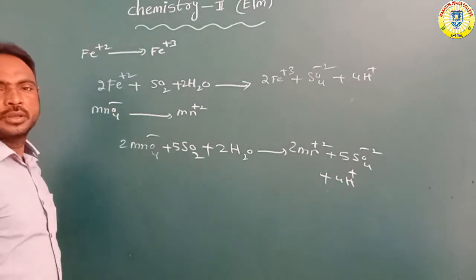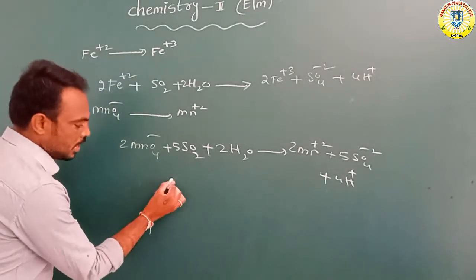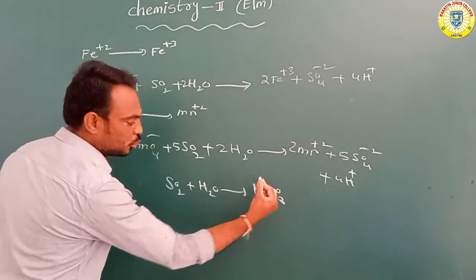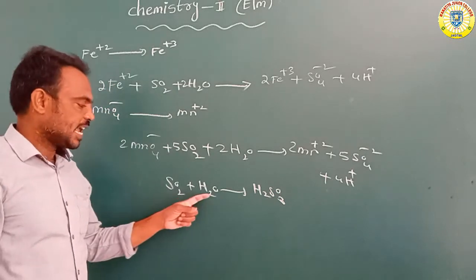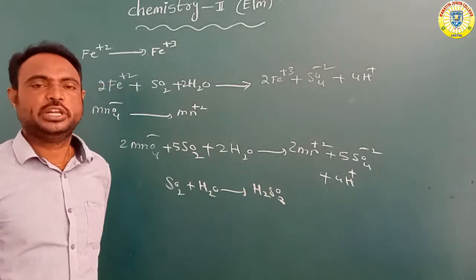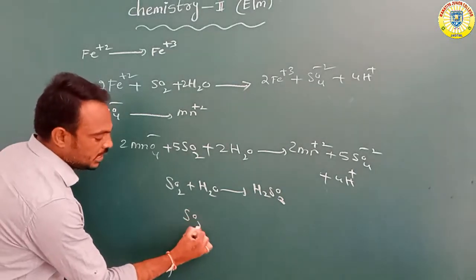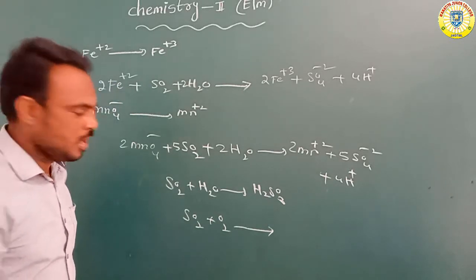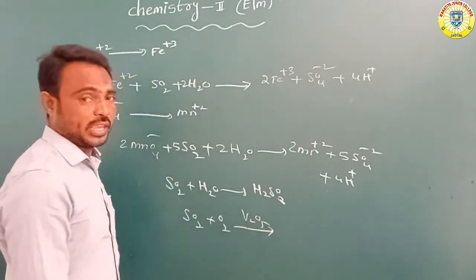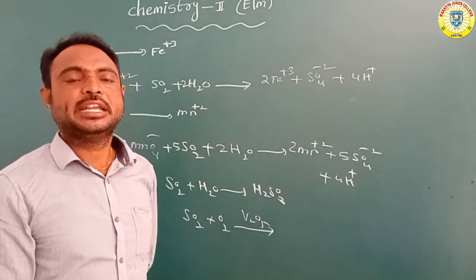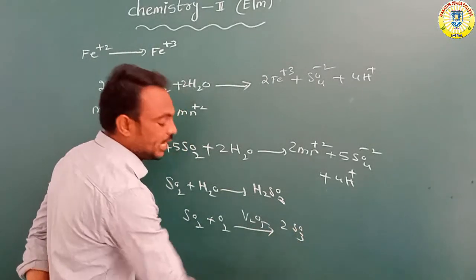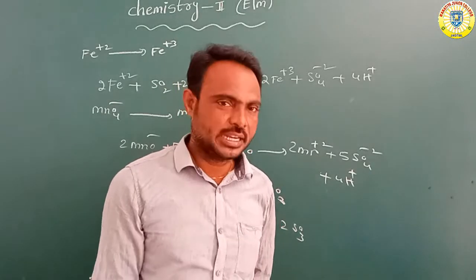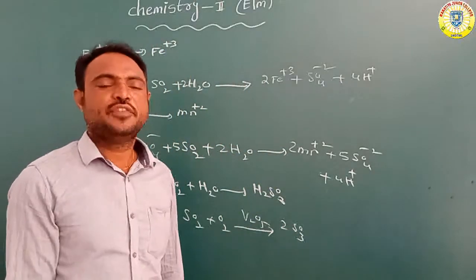At the same time, we already know that sulfur dioxide reacts with water molecules to form H2SO3, sulfurous acid, and sulfur dioxide reacts with oxygen in the presence of V2O5, vanadium pentoxide, to form SO3, sulfur trioxide.